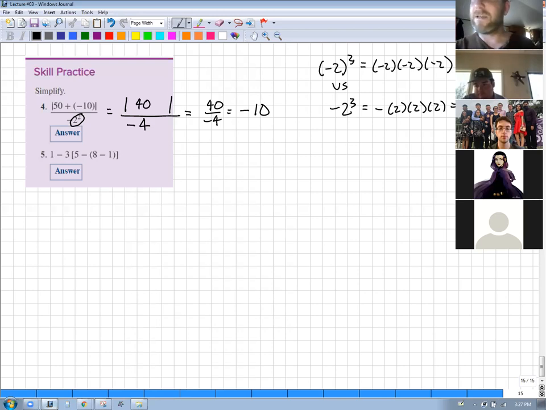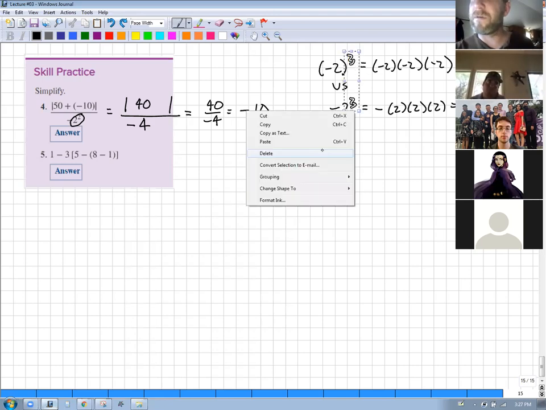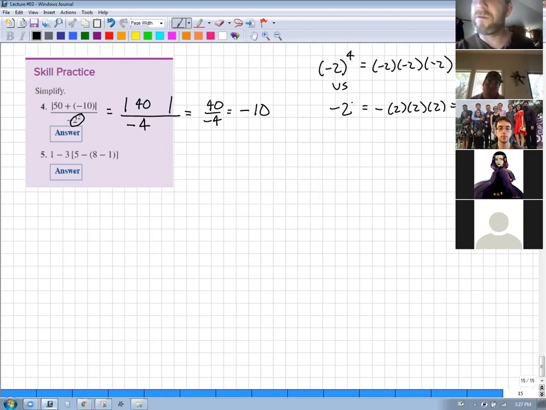This is why you can't just write down the answer and think that the student knows how to do it just because they got the right answer. You can do everything wrong and get the right answer. That's why showing your work is really important in math, right? If I change this to 4, I would have to change all this.